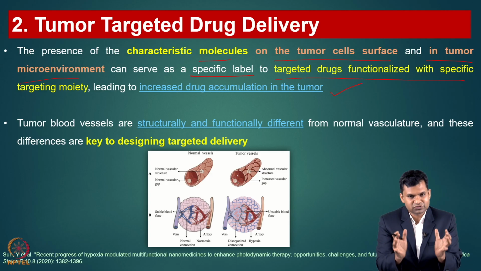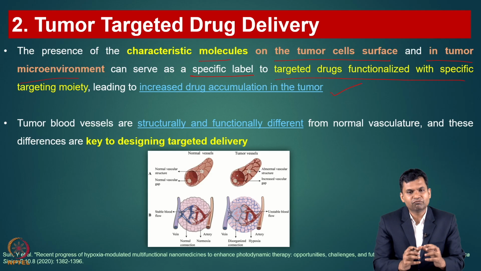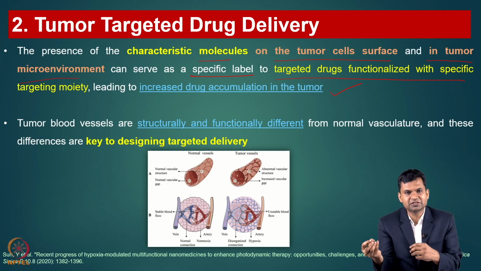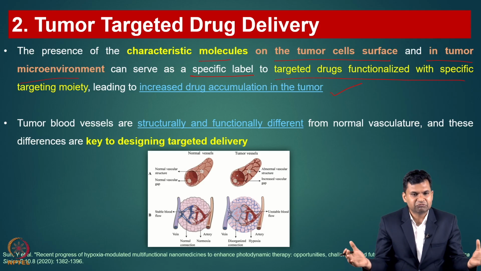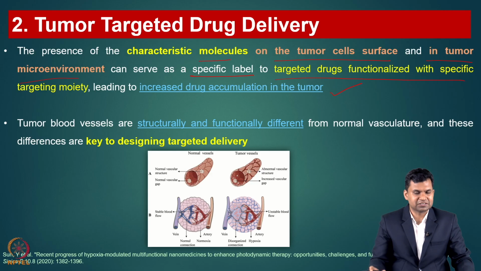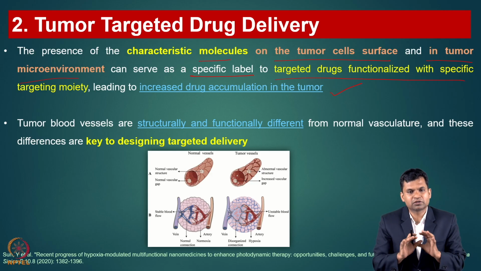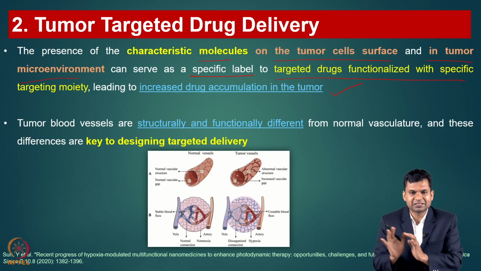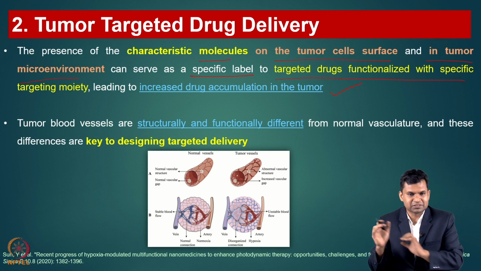Whatever we have studied so far about the tumor microenvironment, we can utilize. It may be the overexpression of cell receptors in the tumor microenvironment; we can increase the accumulation of the drug compared with normal cells. Definitely your targeted system will not reach your normal cells.